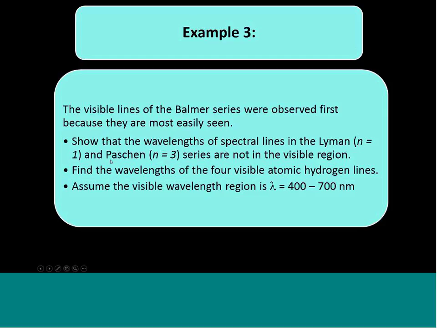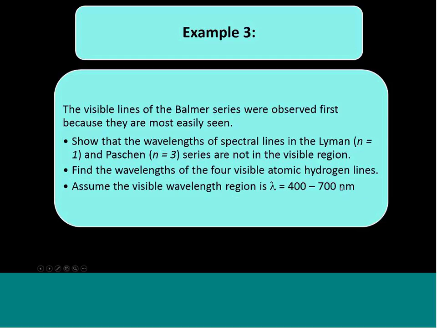Okay. Then find the wavelengths of the 4 visible atomic hydrogen lines. Then assume the visible wavelength range adalah lambda equal to 400 to 700 nanometer.